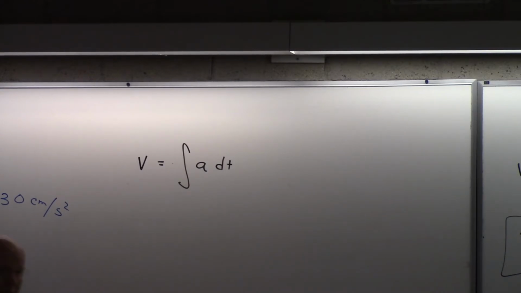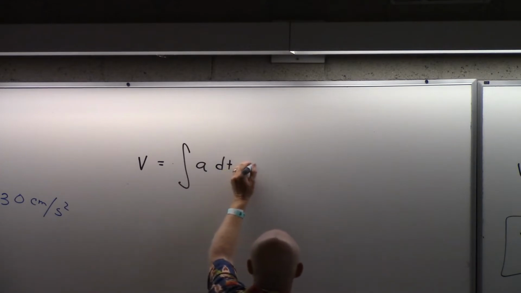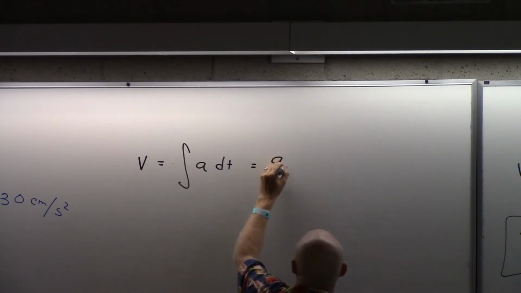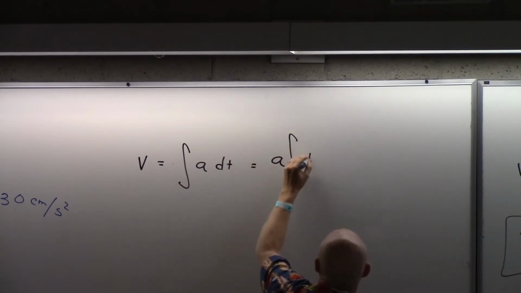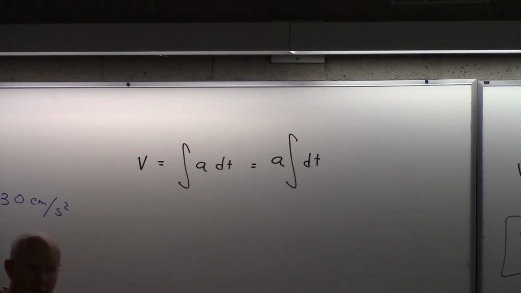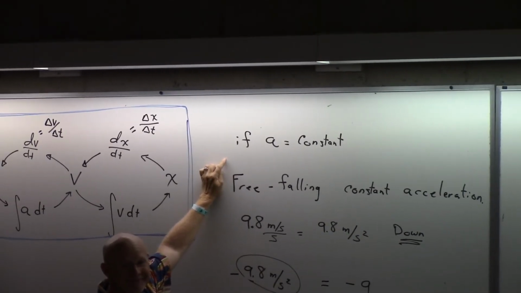Now, let me remind you of a little bit of calculus in case you've forgotten. What can you do with constants? Do you remember that step? Constants can come out in front of the antiderivative. So it's that step right there where I'm going to emphasize everything I do from here forward is only valid if what?